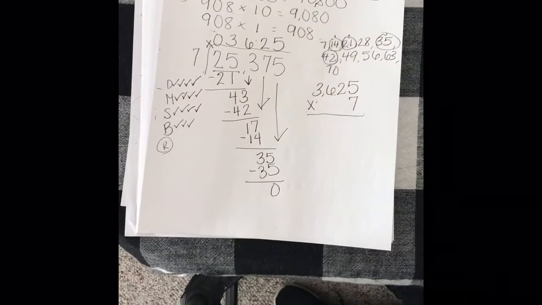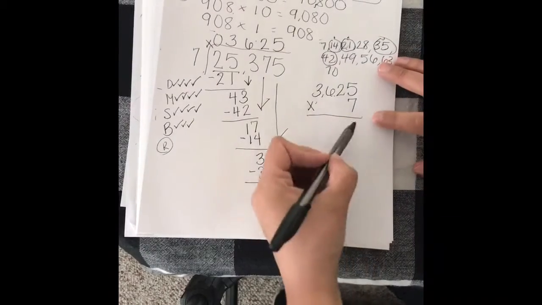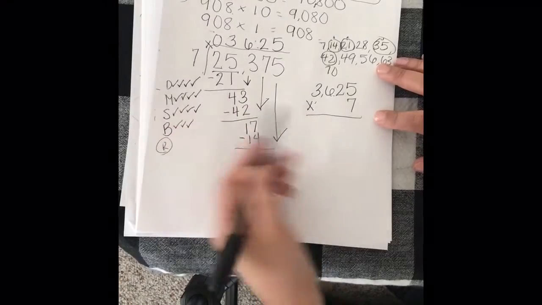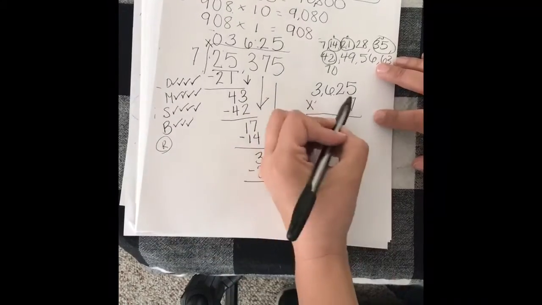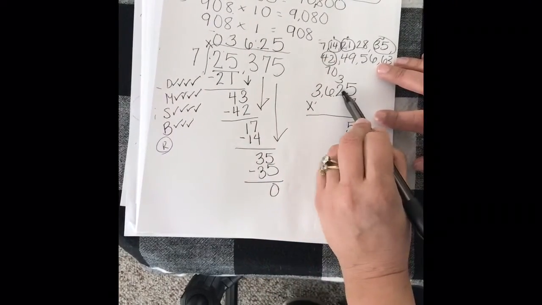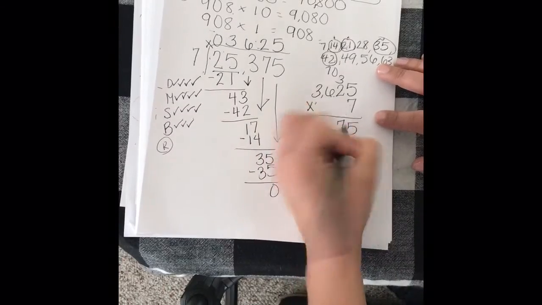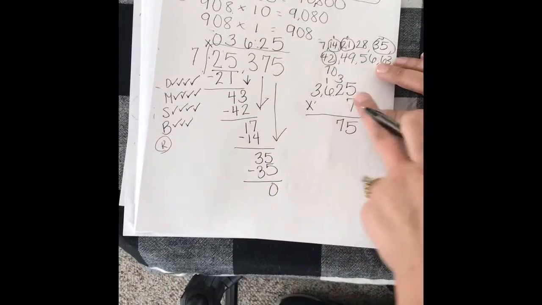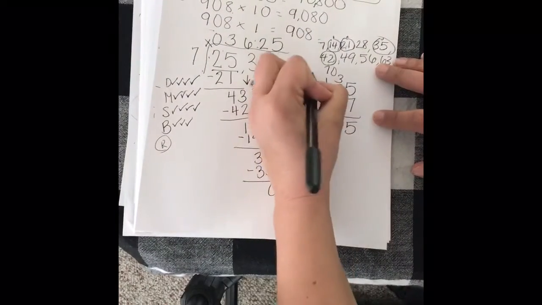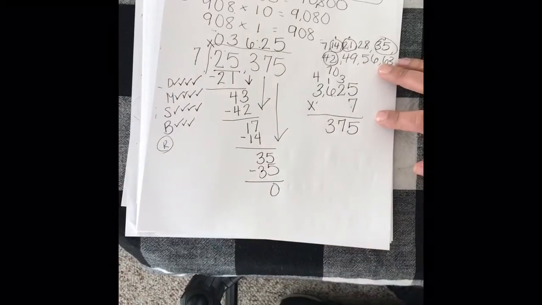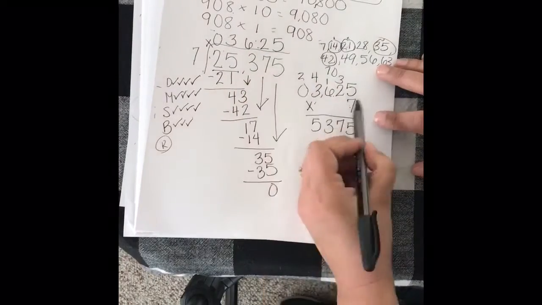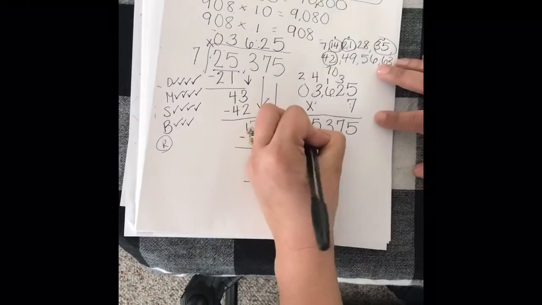Now, do you remember how we can check our work to see if this was correct? If you said the inverse operation, you are correct. So what we could do to double check is we could just simply multiply our quotient by 7, and if we're right, we'll get our dividend here. So 5 times 7 is 35. 7 times 2 is 14. 14 plus 3 is, well, 17. 7 times 6 is 42, plus 1 is 43. 7 times 3 is 21. 21 plus 4 is 25. 7 times 0 is 0, plus 2 is 2.